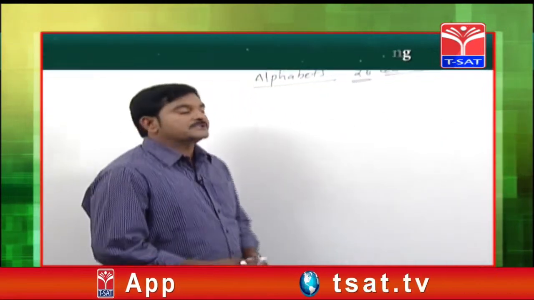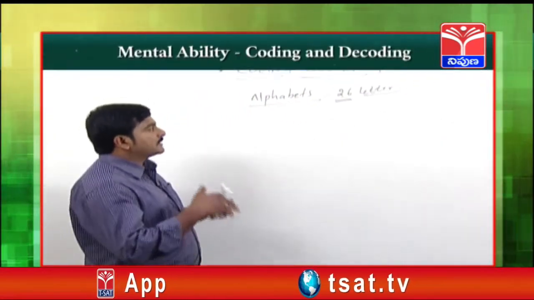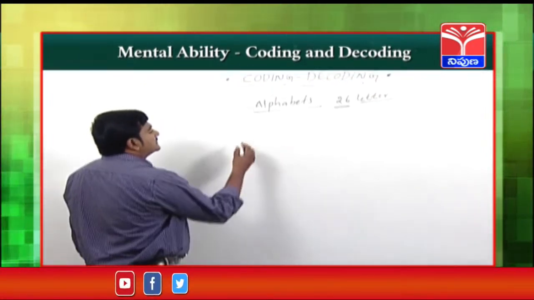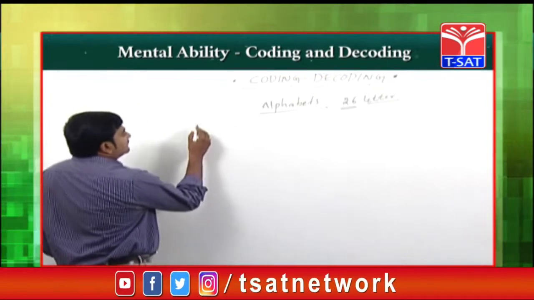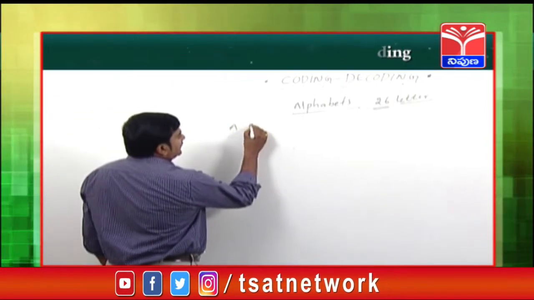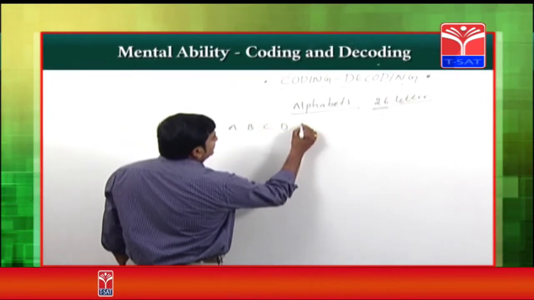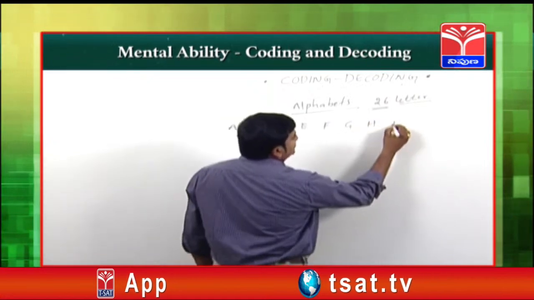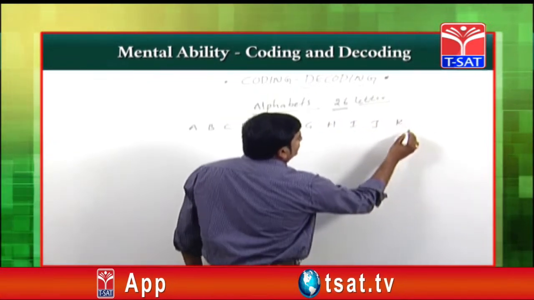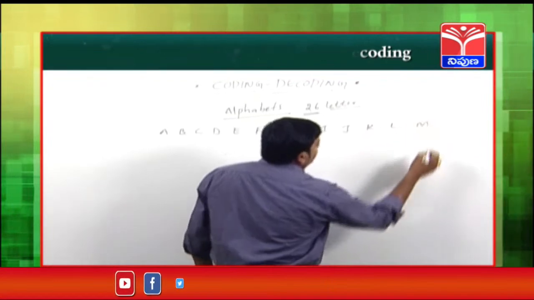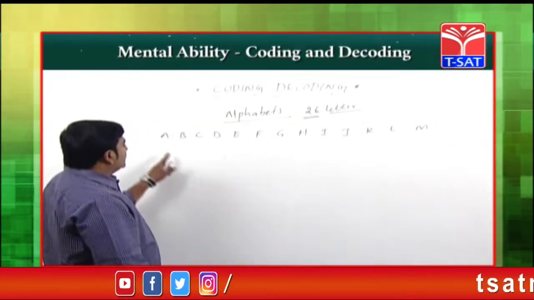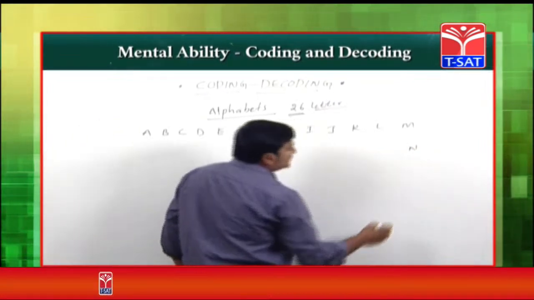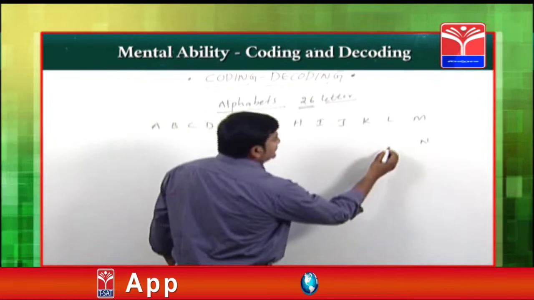So in this coding decoding chapter, before starting the different types, now we'll write the English alphabets. Everybody knows it starts from A onwards. A, B, C, D, E, F, G, H, I, J, K, L, M. Instead of starting N from here, I am starting N from here onwards. There is a logic that we'll discuss very soon.